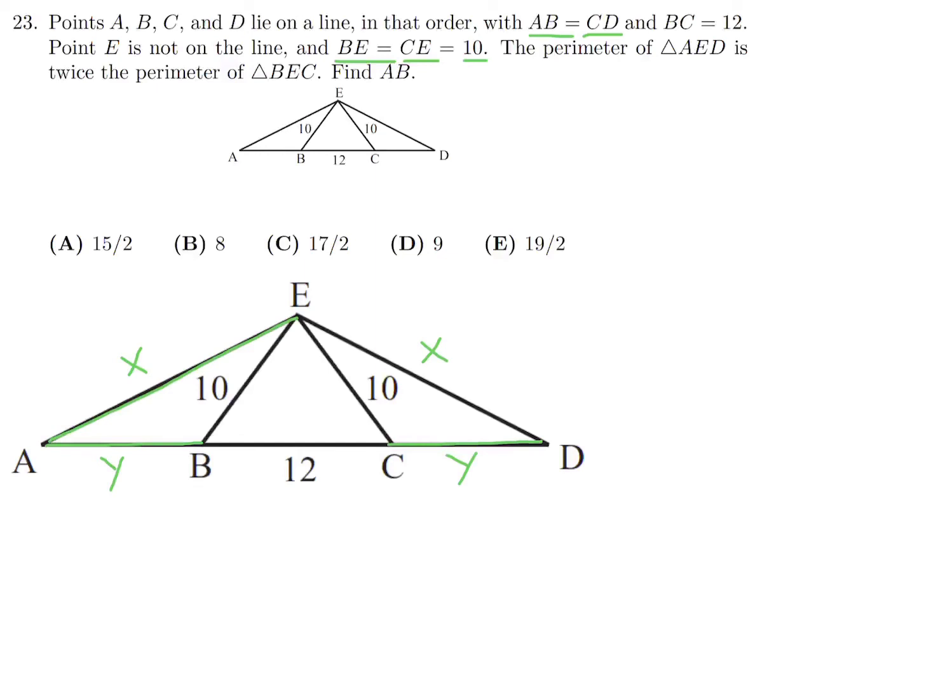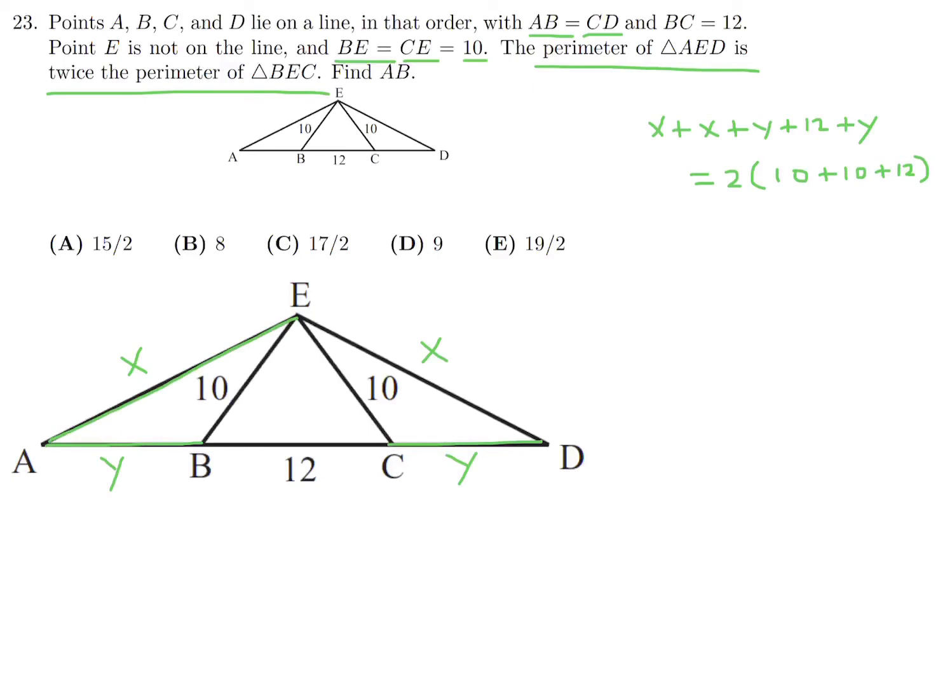So that's why they're equal. So now let's continue with this. We've got this very important piece of information that the perimeters are related in that way. So the perimeter of AED is X plus Y plus 12 plus Y. AED, the big one. And this is twice the perimeter of BEC, which is 2 times 10 plus 10 plus 12.